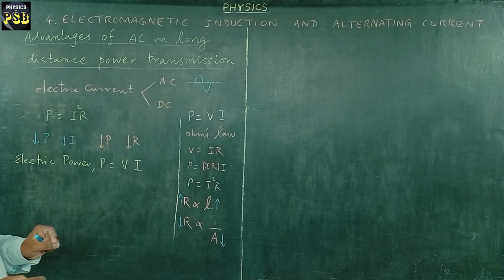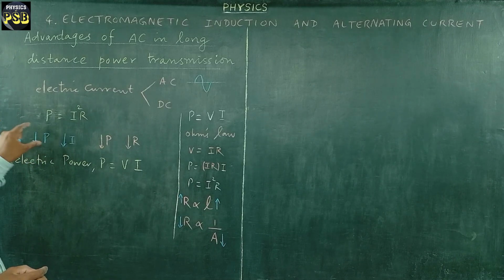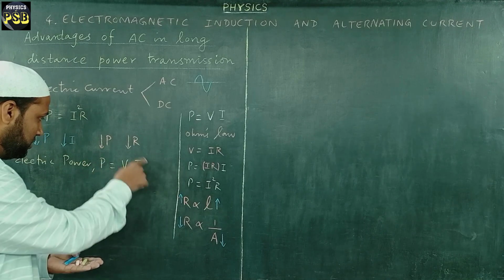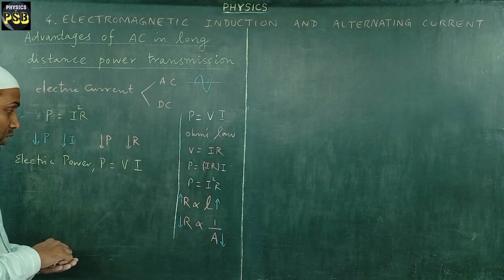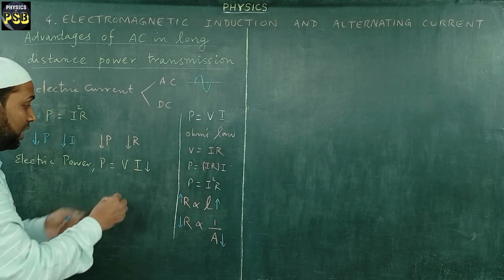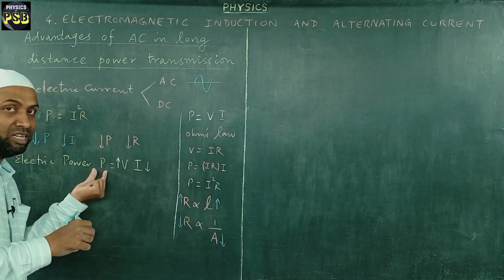Now suppose I plan to reduce the power loss by reducing the current. If I do so, according to this relation, when I reduce current, then I have to increase the voltage to keep the value of P constant.